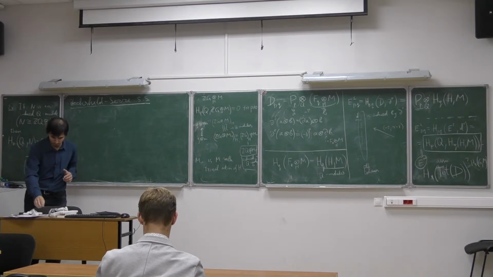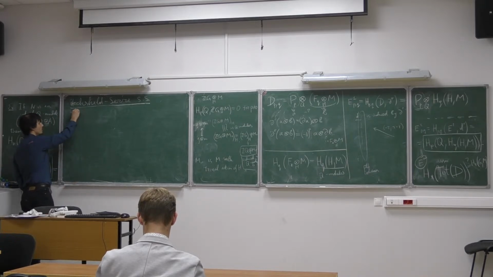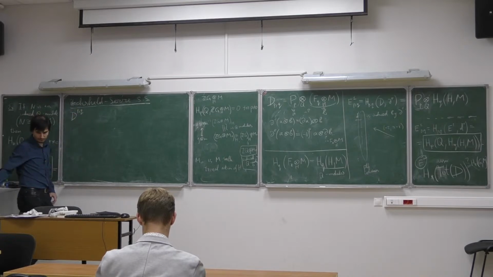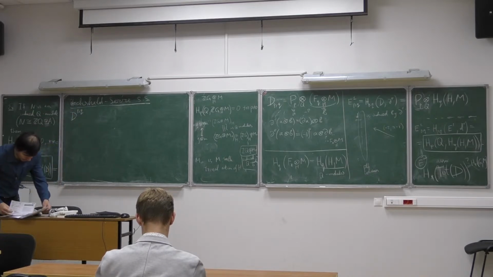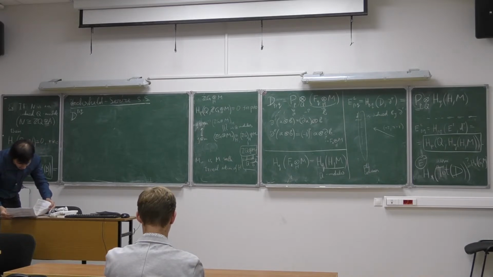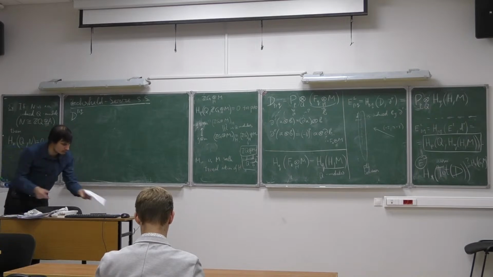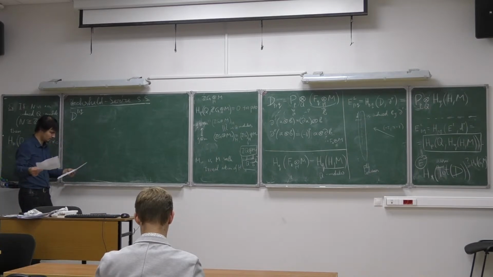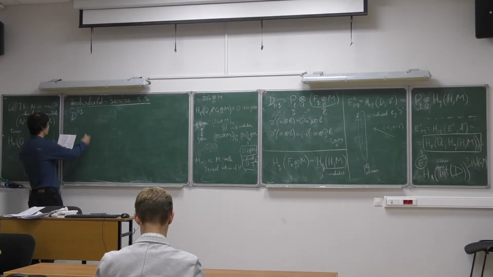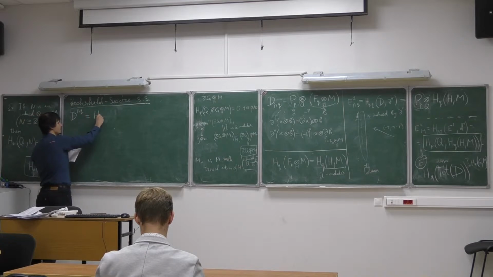So in cohomology, we need to start with a complex, where instead of tensor product, we need to use Hom.